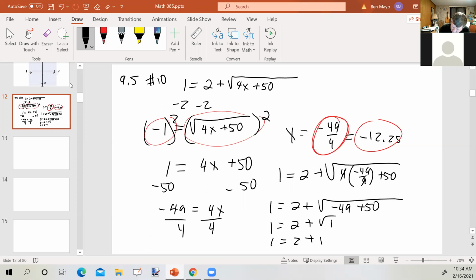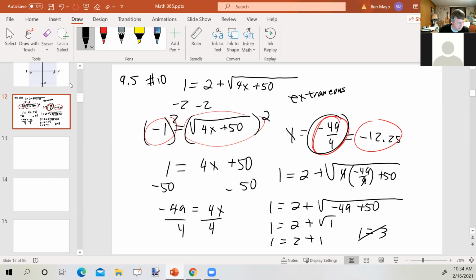The square root of 1 is 1, so we get 1 equals 3. So that means that this solution is extraneous, meaning it doesn't fit the original problem. Okay, any questions on that before we go on?